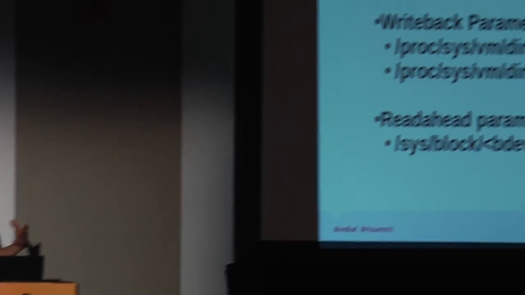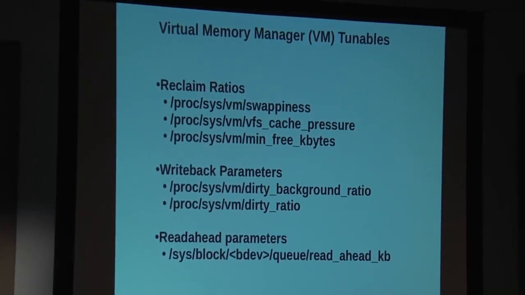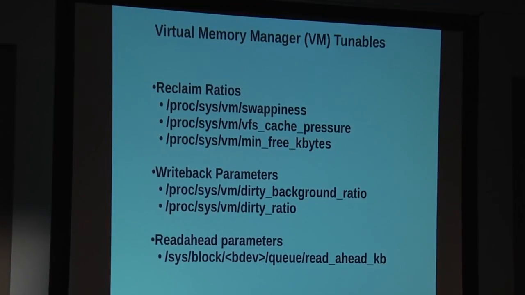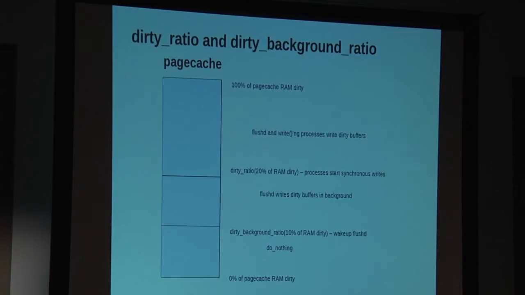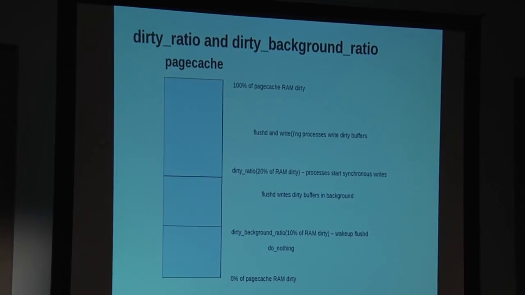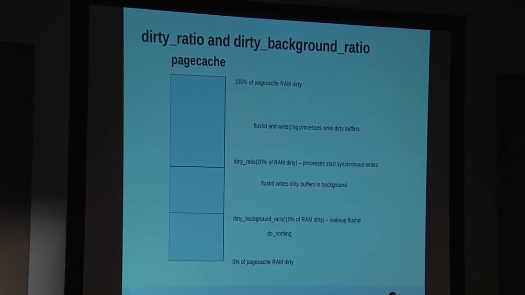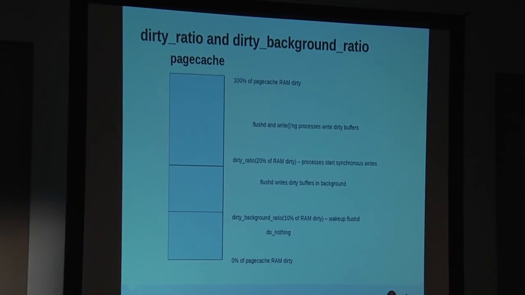The TuneD profiles modify certain groups of parameters: reclaim ratios, write-back parameters, and read-ahead parameters. You can see a picture here in terms of limiting the amount of memory that's dirty in the page cache. There is the dirty background ratio and the dirty ratio, and they are 10 and 20% by default.